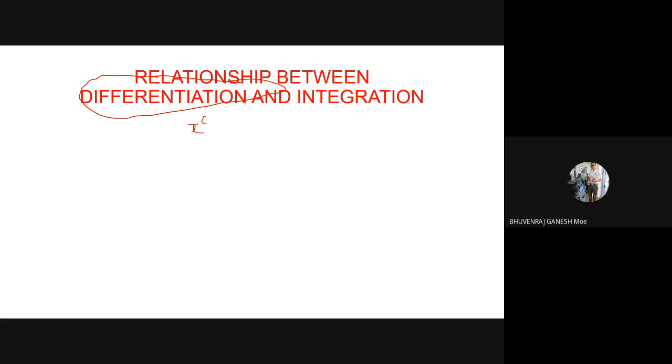Katakanlah, saya bagi beberapa example kat kamu, beberapa contoh kat sini. Saya akan tunjuk hubungan dia sekarang. Okay guys, kalau saya nak pergi dari X kuasa 0 kepada X kuasa 1, adakah saya buat pembezaan atau pengamilan? If I want to go from X power 0 to X power 1, do I differentiate or integrate?